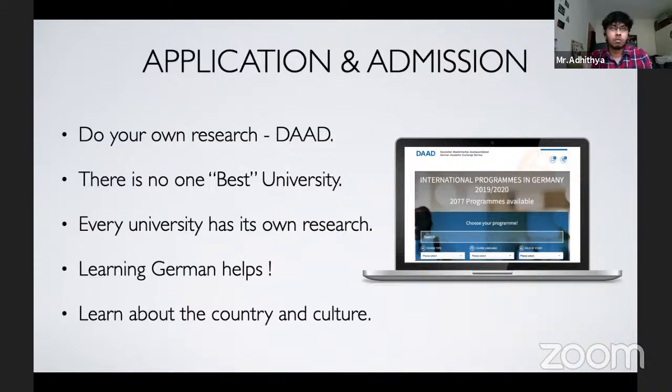For example, my university is in collaboration with Siemens, and there is a medical imaging company here in the city itself. So there are always multiple collaborations with industries and institutes. Once you are interested in that particular field of research, you can just see which university is dealing with that. So bottom line, there is no one best university. It's always each for their own.